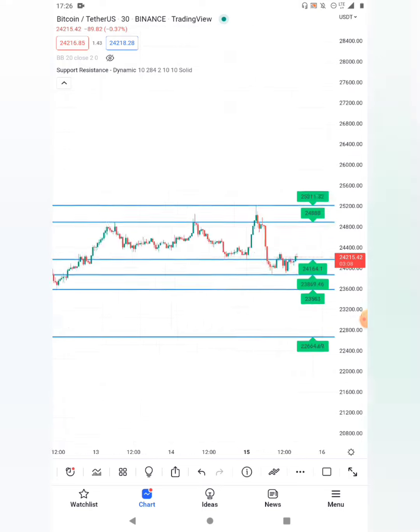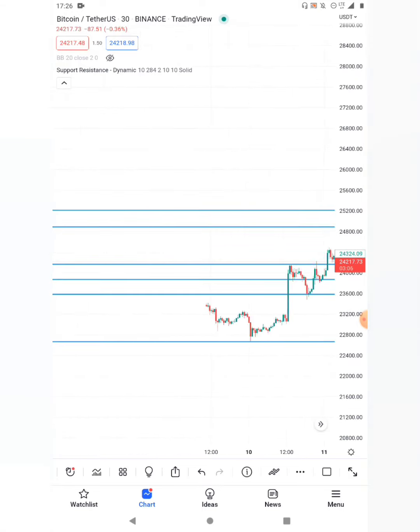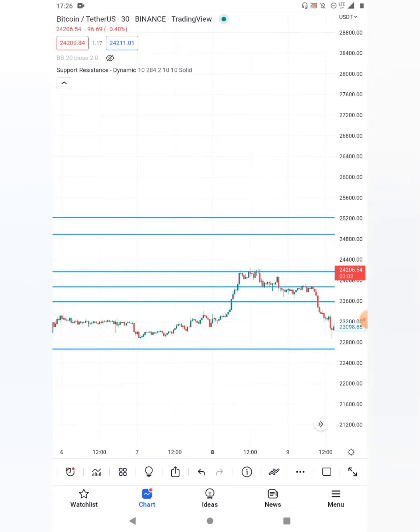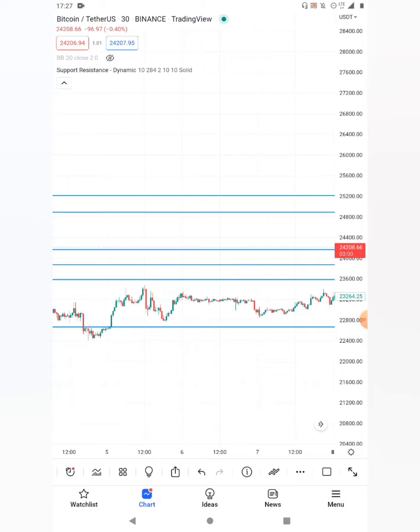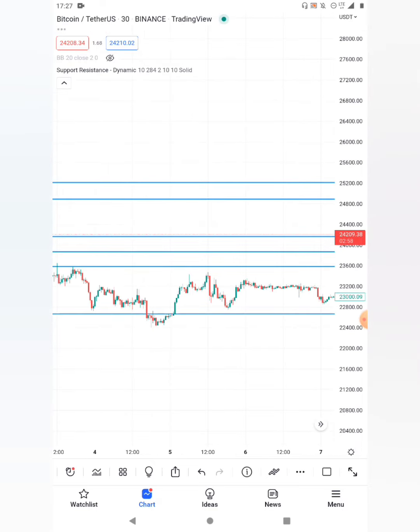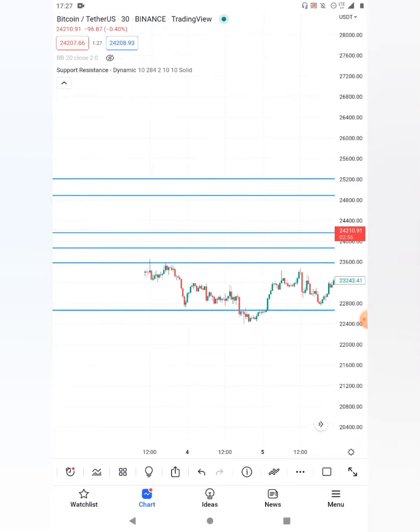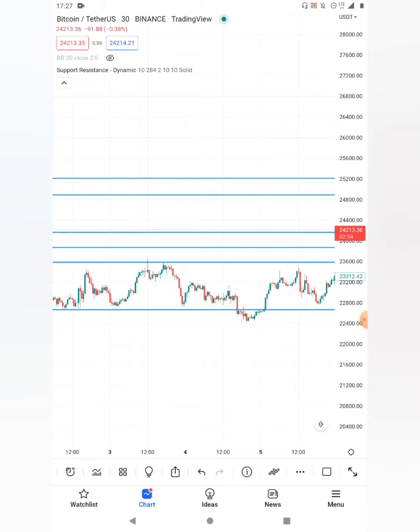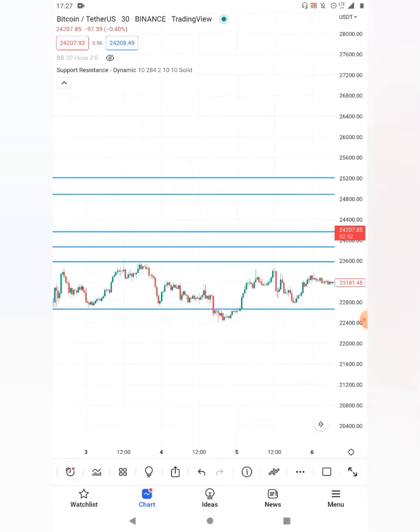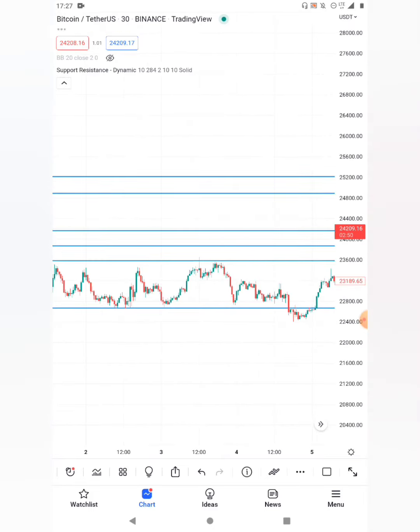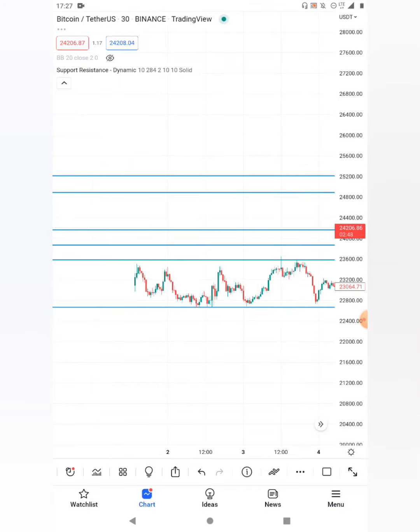Let me show you. Let me just go back and backtest this together. Let's see if there's a real, what do you call it now, false breakout.